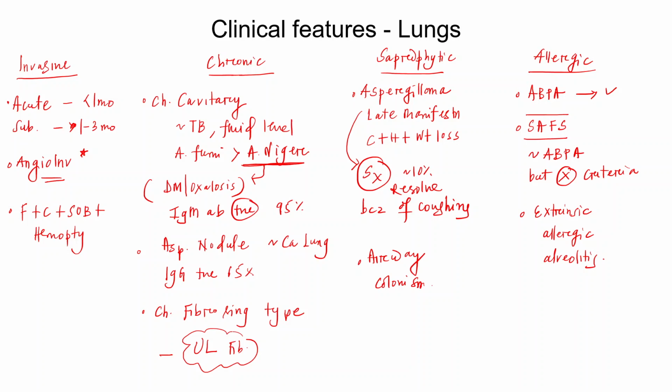Now next we will be discussing ABPA a little bit in detail. In allergic bronchopulmonary aspergillosis, the type of hypersensitivity reaction that is seen is type 1 more than type 3. Because of type 1, we will have more IgE levels. Because of type 3, we will have IgG precipitants.